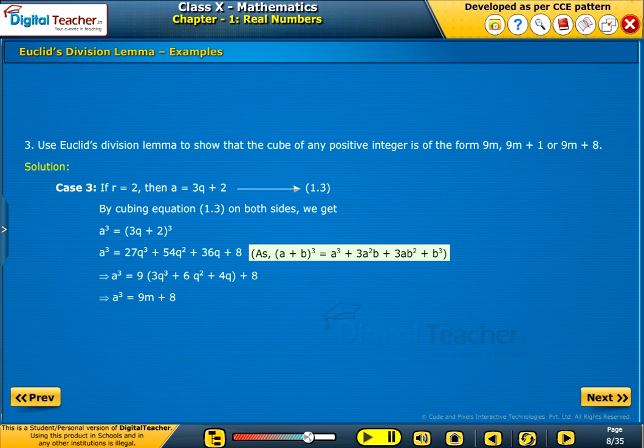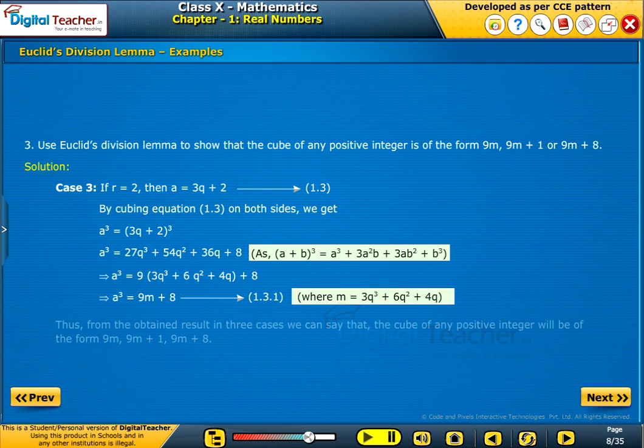Let us represent it as equation 1.3.1, where m is equal to 3q cube plus 6q square plus 4q. Thus, from the obtained result in 3 cases, we can say that the cube of any positive integer will be of the form 9m, 9m plus 1, 9m plus 8.